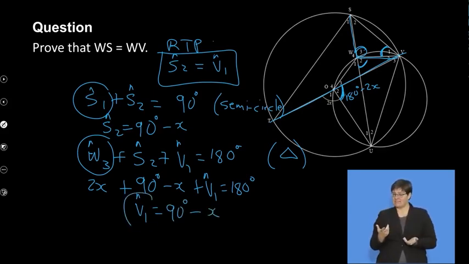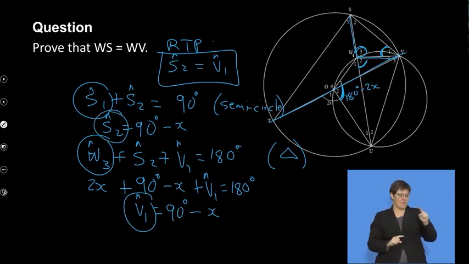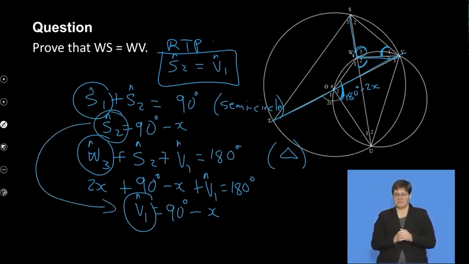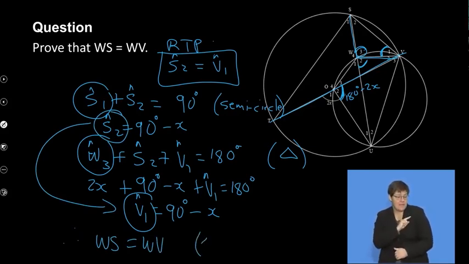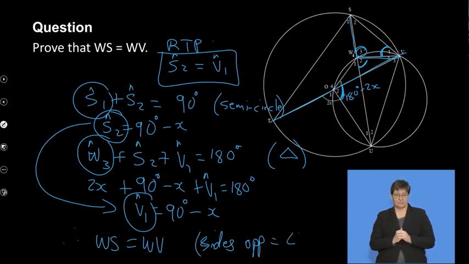So do you see, now I've proven what I told you they are actually wanting us to prove. Therefore, I will say WS is equal to WV, and my reason for this will be sides opposite equal angles.